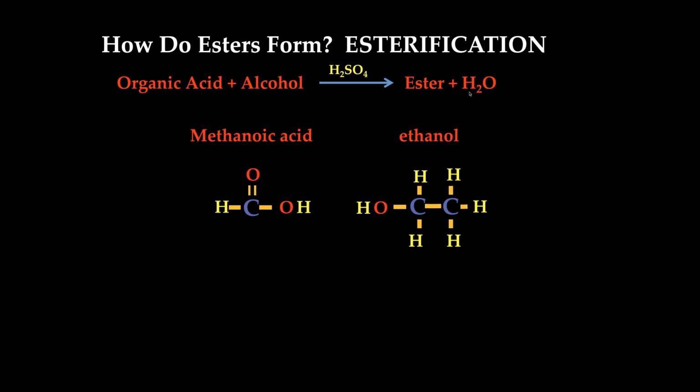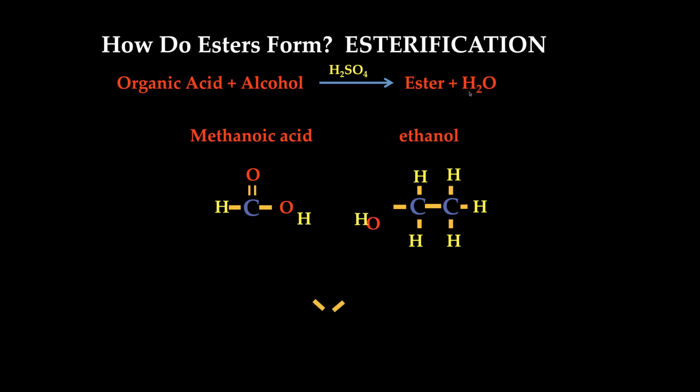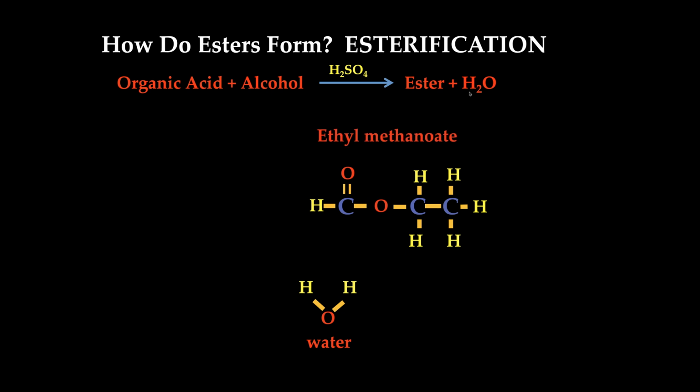Here's the methanoic acid and the ethanol. The sulfuric acid will act once again as a dehydrating agent, removing H from the acid and OH from the alcohol to form water. Then the 2 broken molecules will join at their breakpoints to form an ester. So the dehydrating agent will remove 2 H's and an O, forming broken molecules, and where they're broken, they'll join together to make an ester.